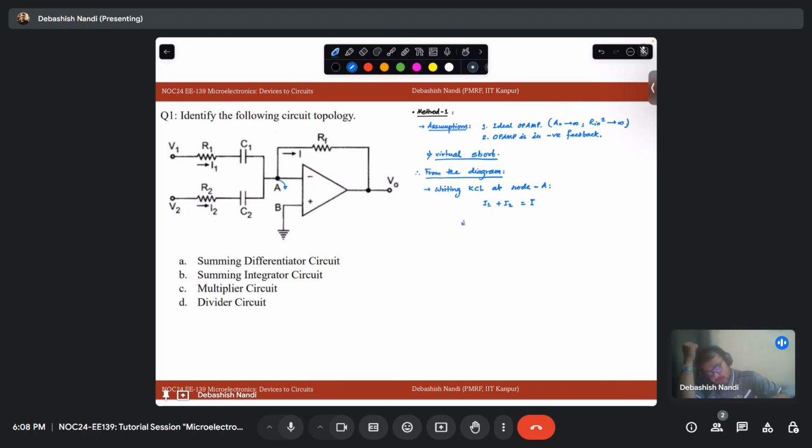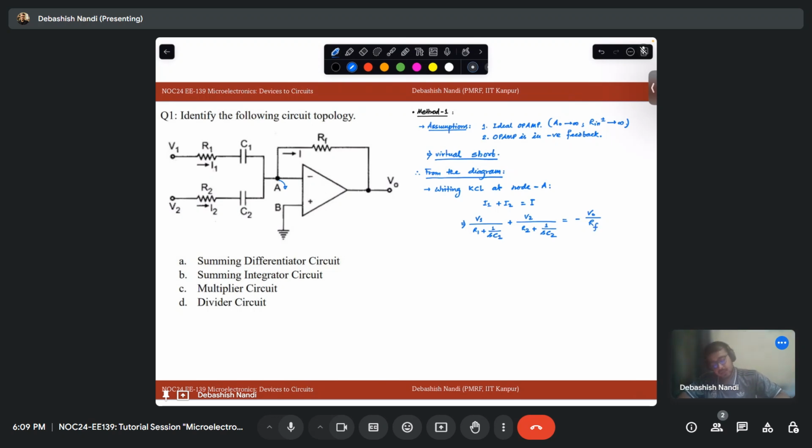So I1 will be V1 over R1 plus 1 over SC1. I2 will be V2 over R2 plus 1 over SC2. And I will be simply minus V0 by RF. RF stands for the feedback path.